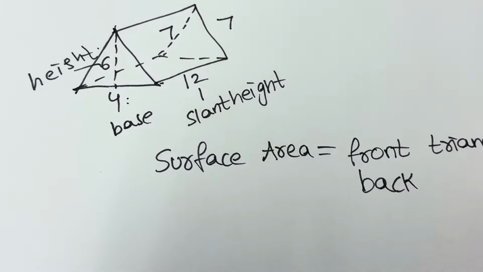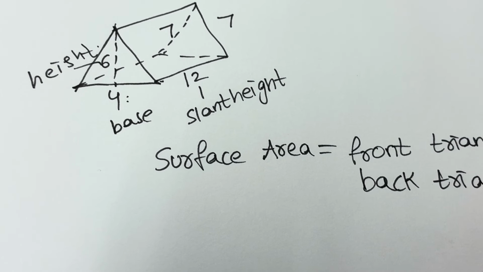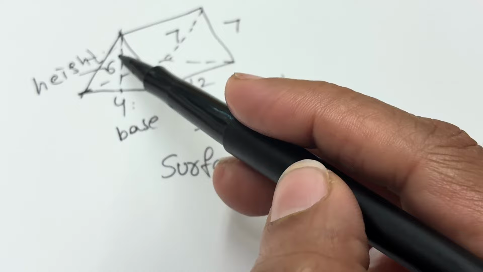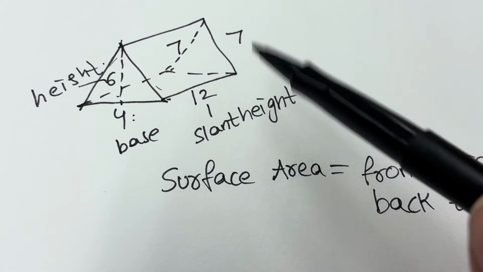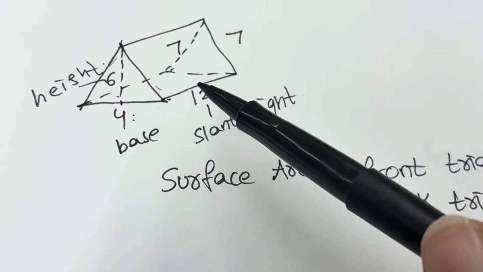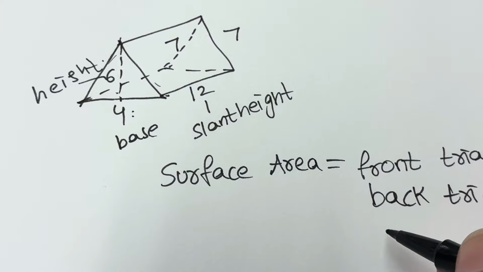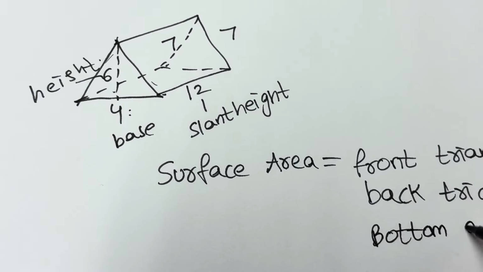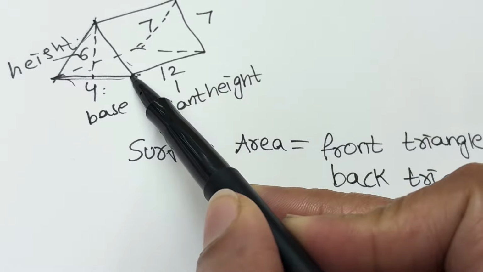So let me write front triangle and back triangle. Okay, and in that way I have calculated the surface area for this side, for the left portion, and for the right portion of the diagram for the triangular prism I need to calculate my bottom area, which is nothing but bottom is shown as 4.